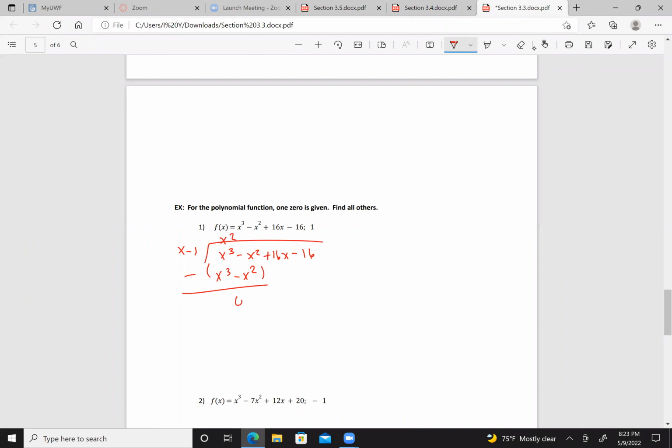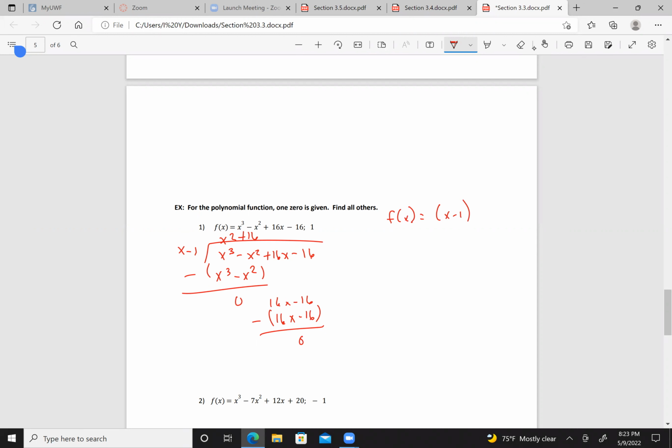Subtracting, and we get 0. I bring down my 16x minus 16, plus 16, and a 16x minus 16, which gives me 0. So one of my factors of f of x is x minus 1.